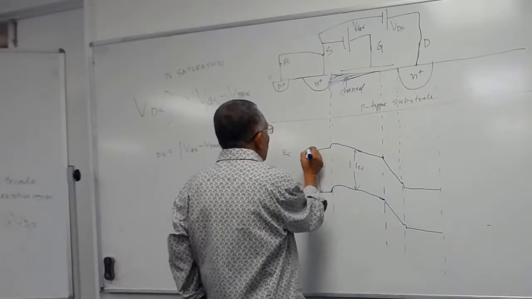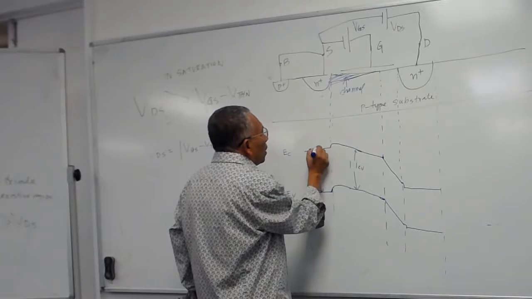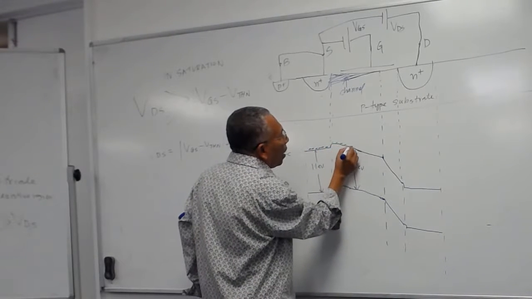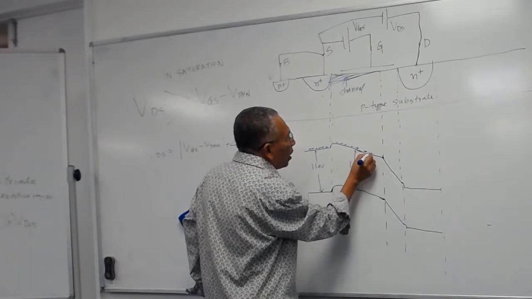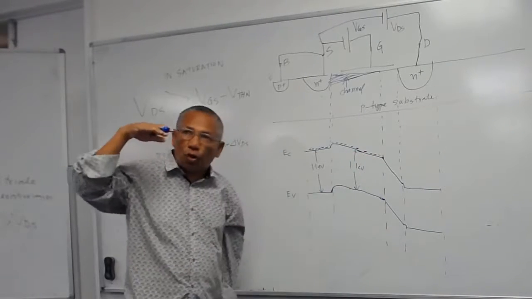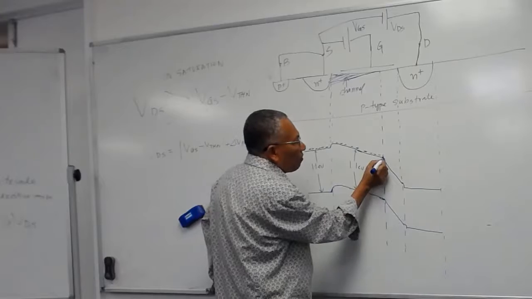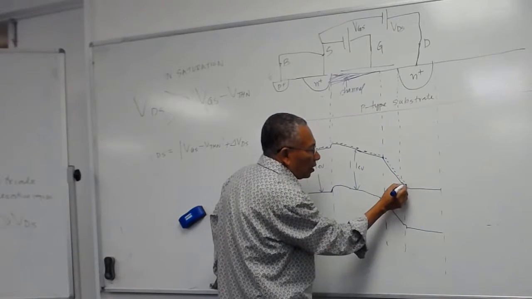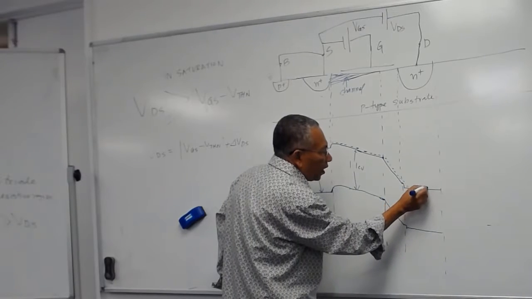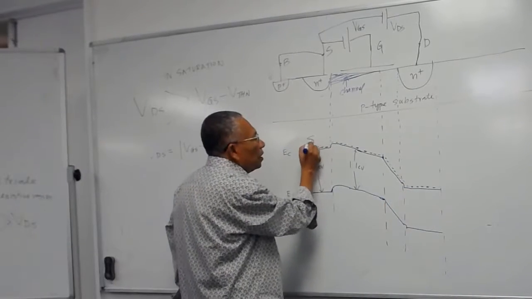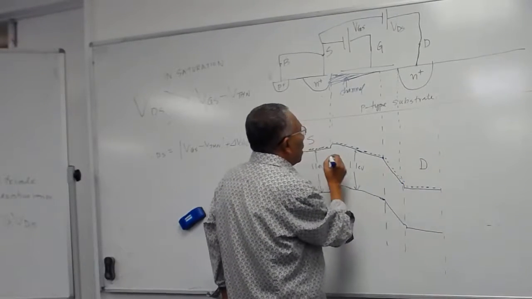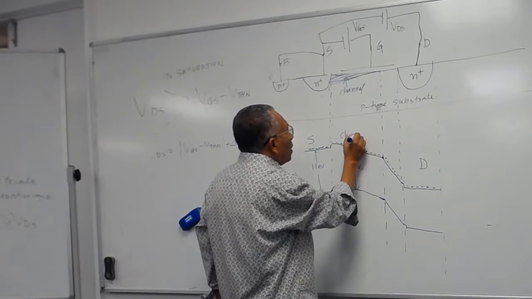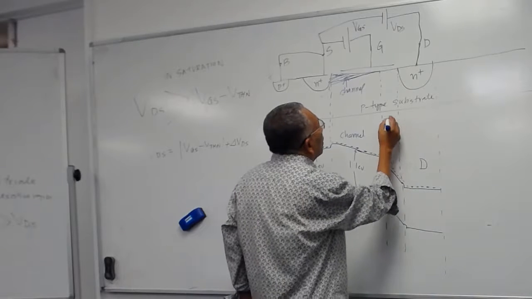You'll have electrons here, which will roll over because there is a slope to roll over, and then this will roll over faster, and then go down into the drain. So your source is here, your drain is here, your channel is here, and this is your depletion region.